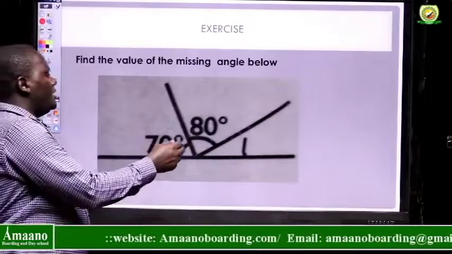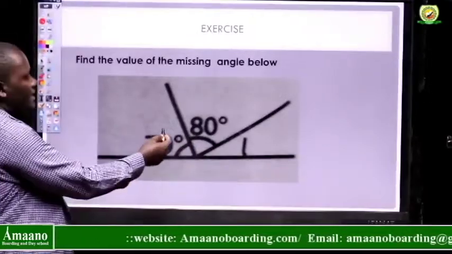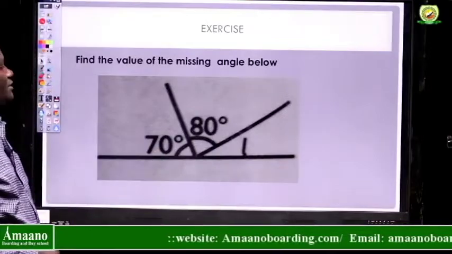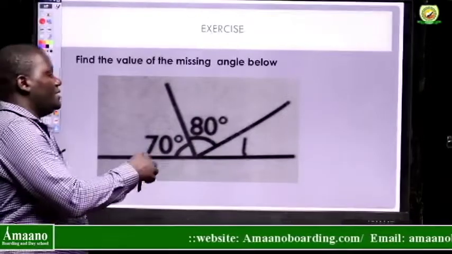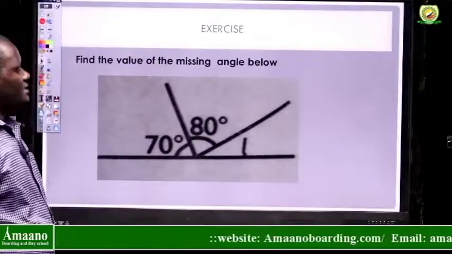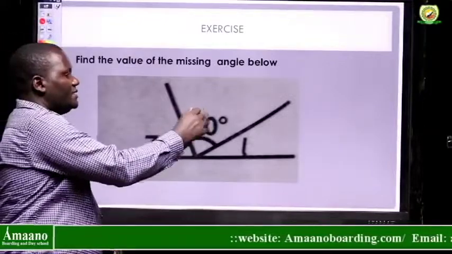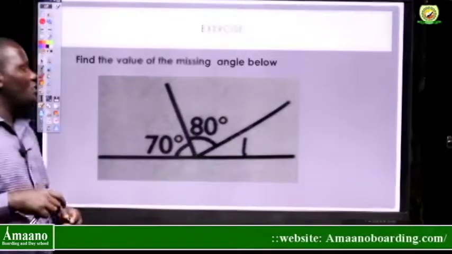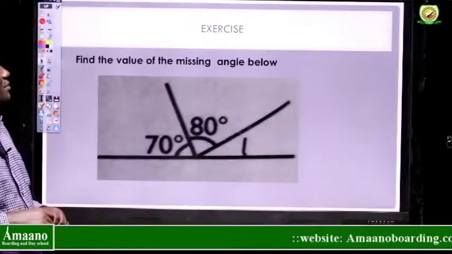So L equals to 180, I take away 150, and that one I'll get it to be 30 degrees. I'm not writing that one because that one is your exercise that you are supposed to do at home.